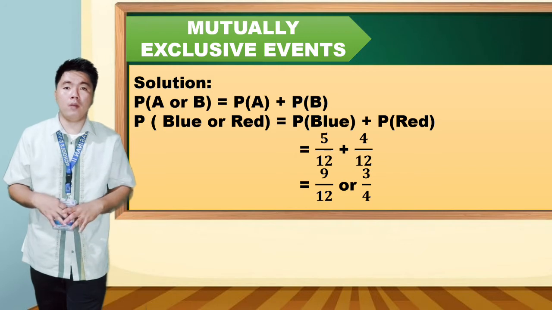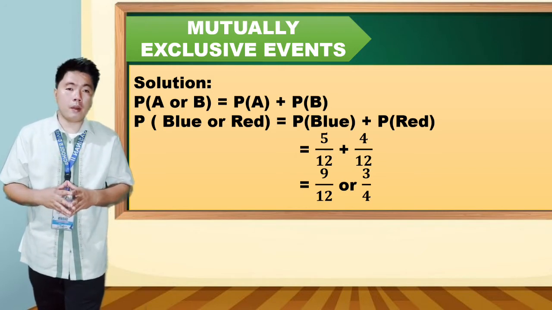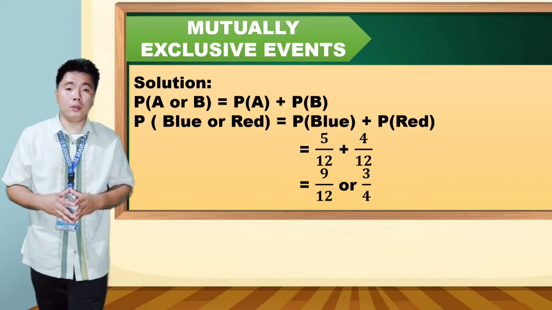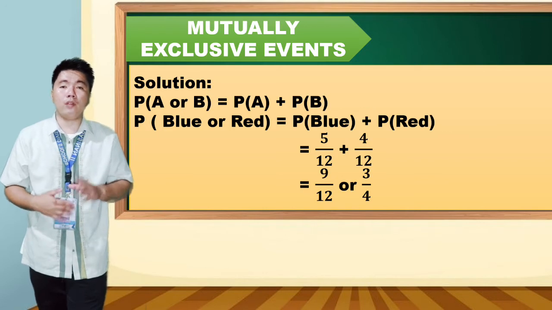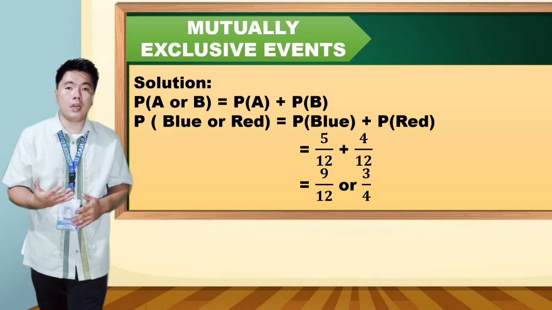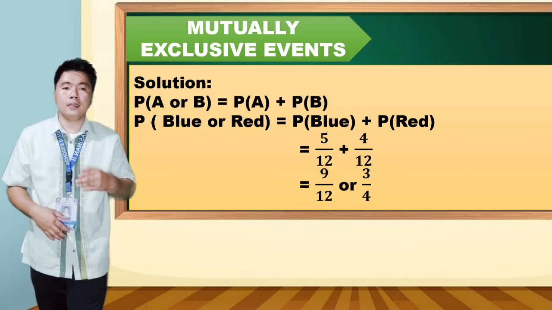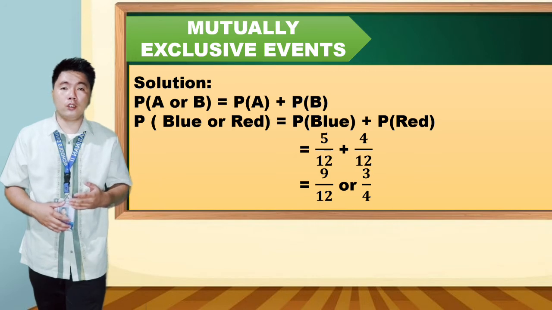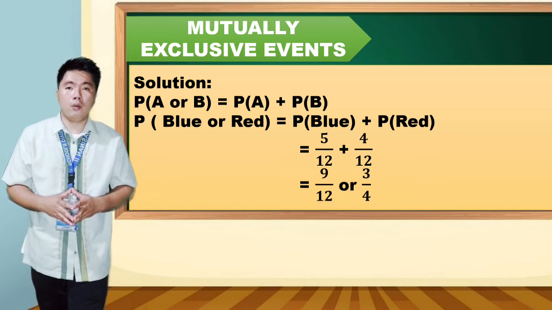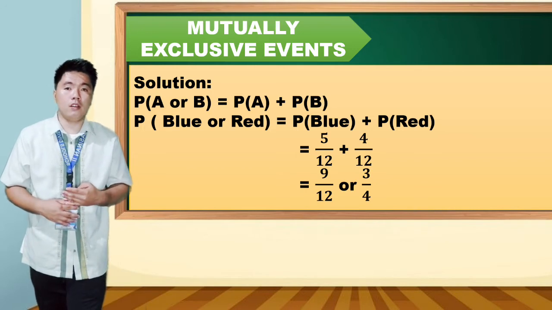So the probability of getting blue is 5 out of 12, because we have 5 blue balls out of the 12 balls. Plus the probability of red, which is 4 over 12, because we have 4 red balls out of the 12 balls.